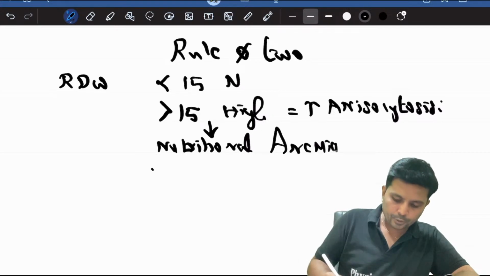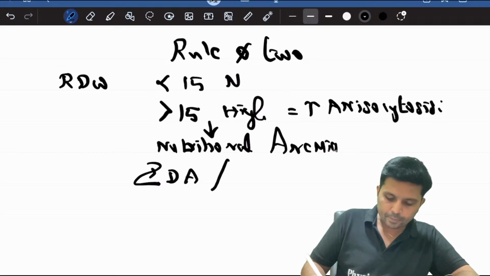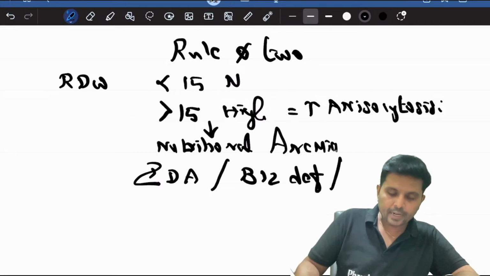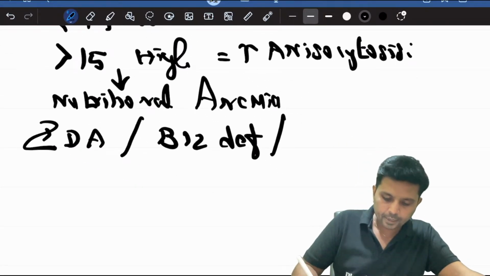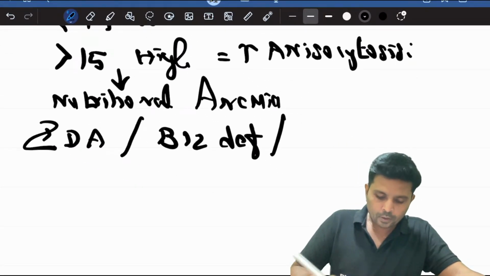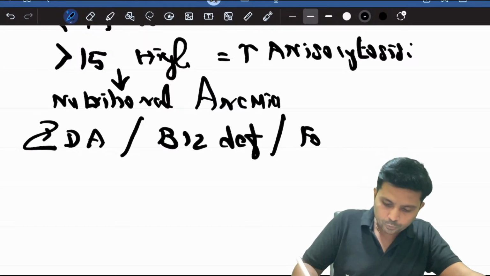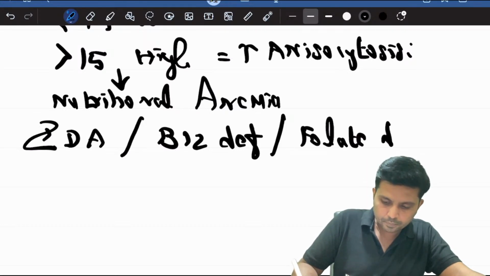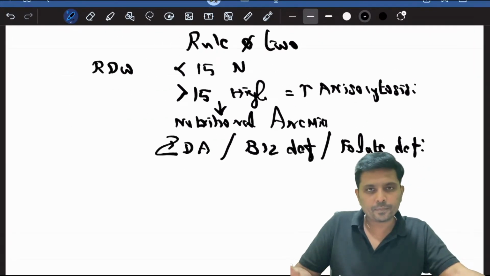Either it can be due to iron deficiency anemia, B12 deficiency, or folate deficiency.